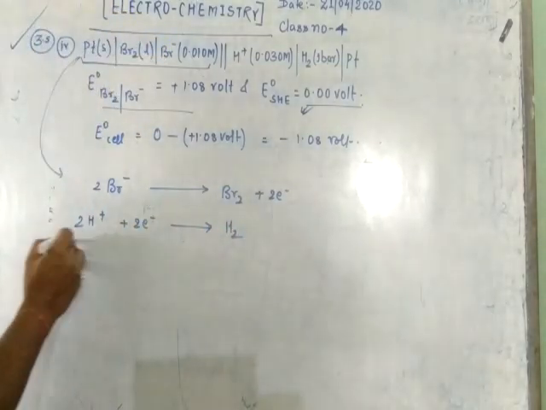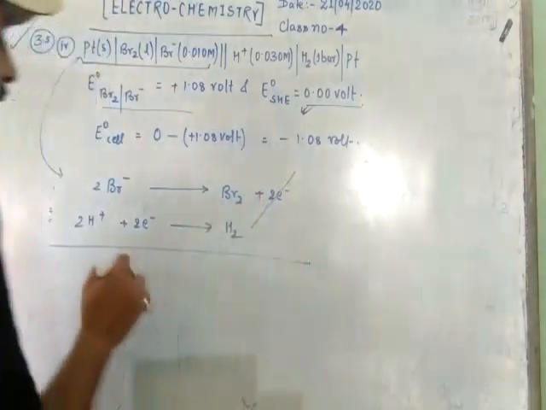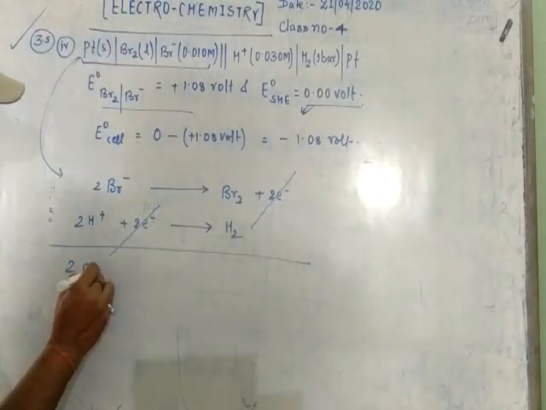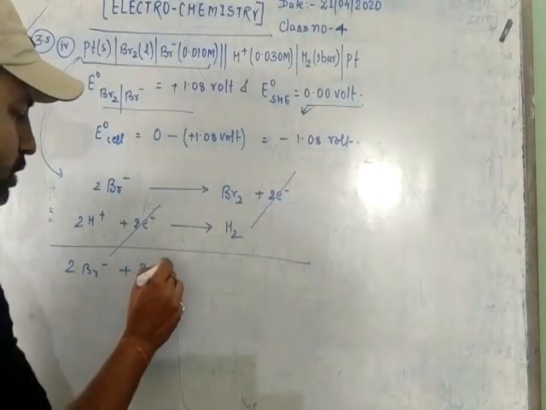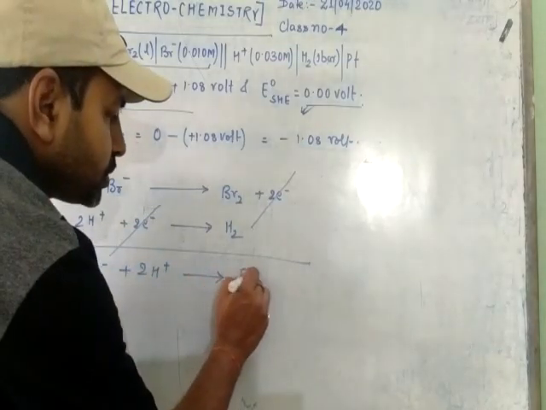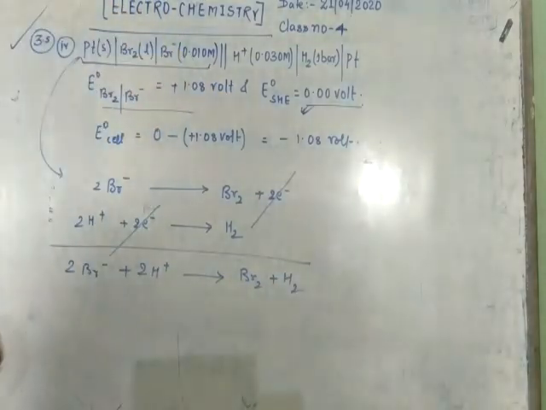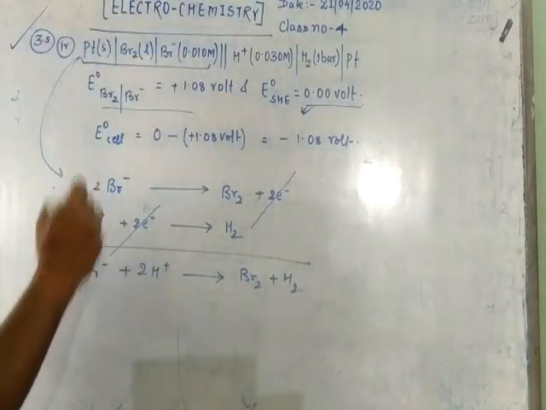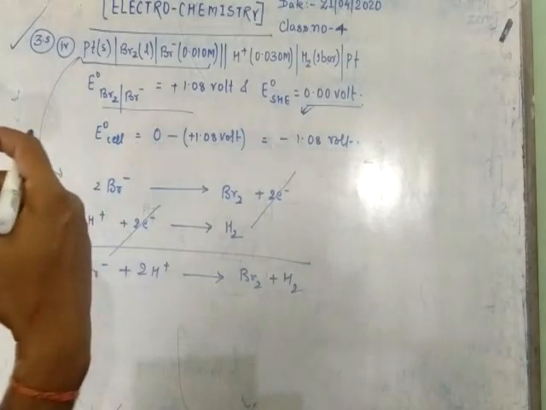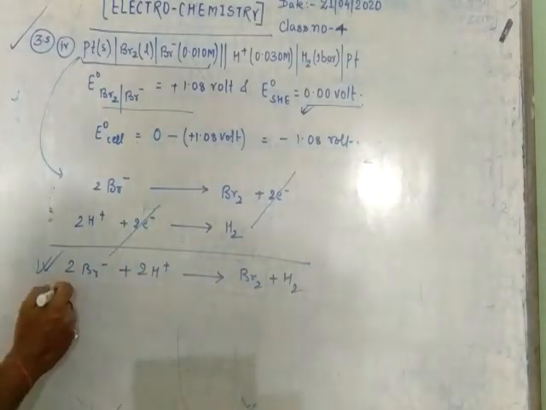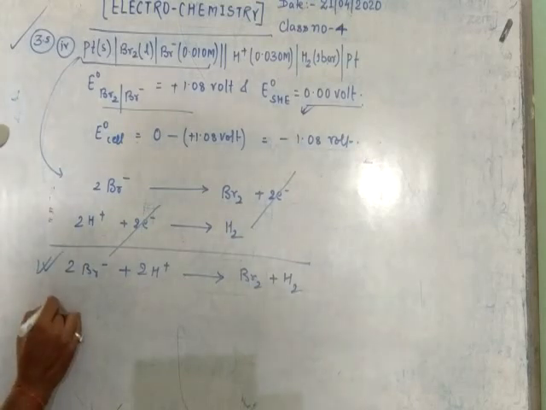By cancelling the electrons, we get 2Br minus plus 2H+ gives Br2 plus H2. Once we get the redox reaction, it is easy to solve this question.